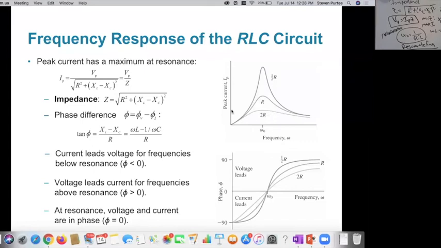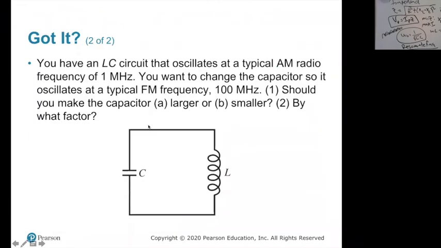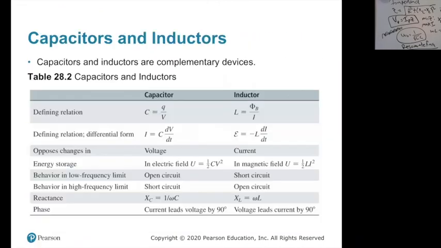Okay, so here you can see at different frequencies, we get different currents. At this omega, this resonant frequency, we maximize our current. Okay, so what would happen then to a phasor diagram? What we were looking at is going to be a test question.